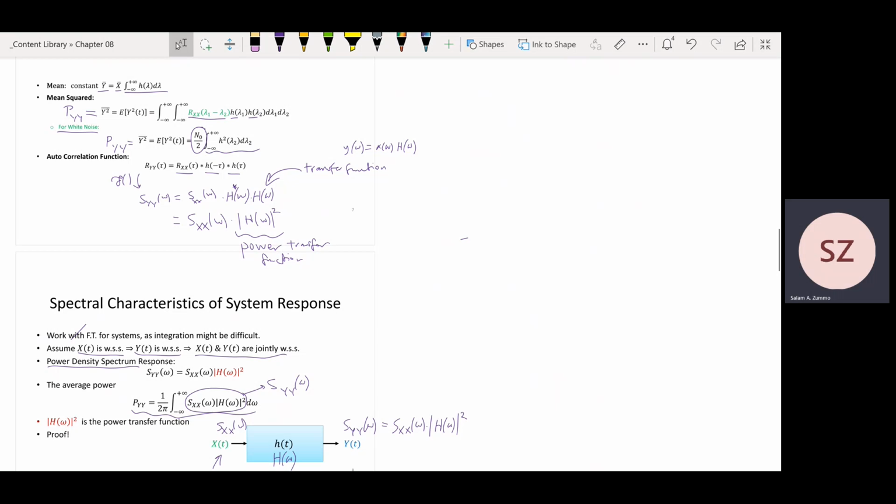And if you just write it for white noise, it will be the PSD level of the white noise multiplied by the area under the square of the impulse response. And the output PSD is equal to the input PSD multiplied by the power spectrum. These are things that we need to know about chapter 8, and the rest is what we need to do some practice. Examples as we have discussed in detail.